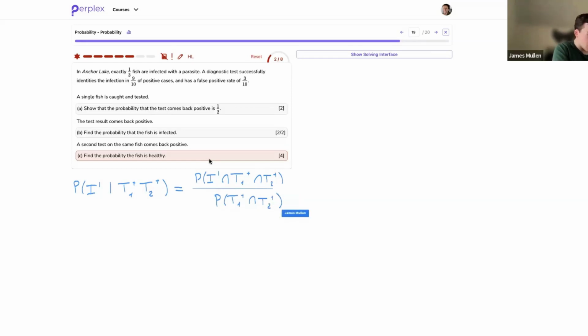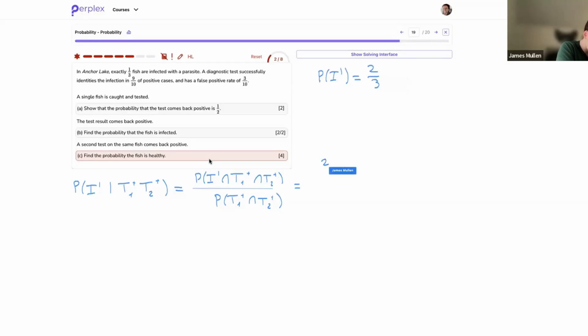Okay? So that numerator, the probability of not being infected but testing positive. So if the fish is not infected, remember P of not being infected is 2 out of 3.